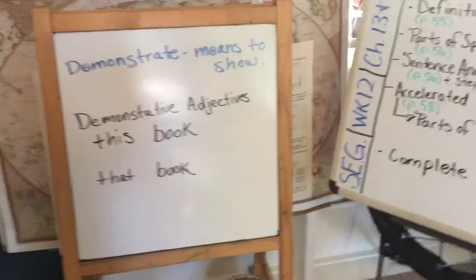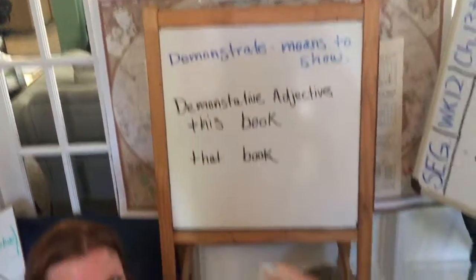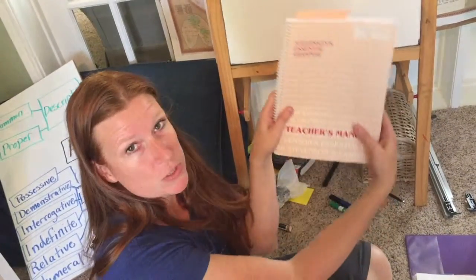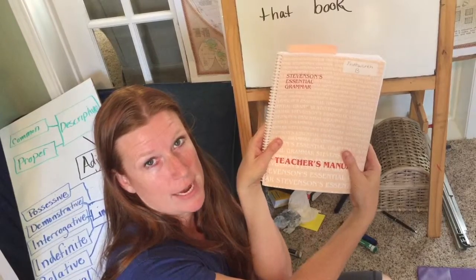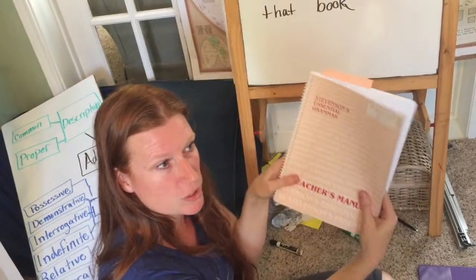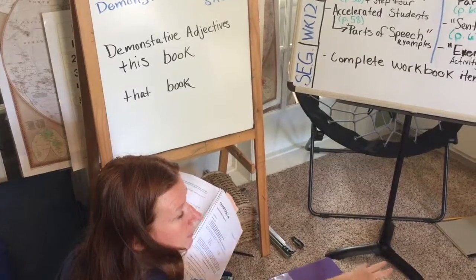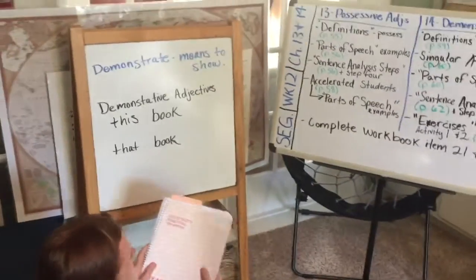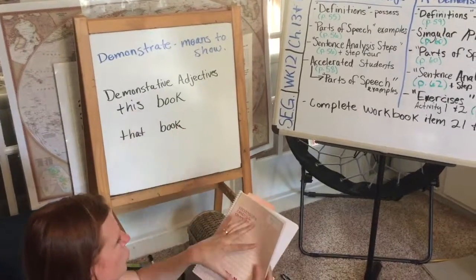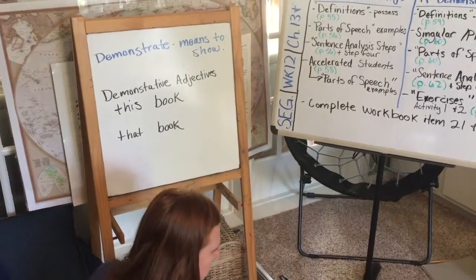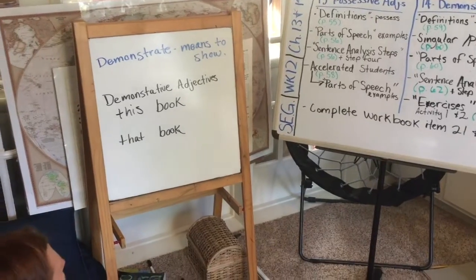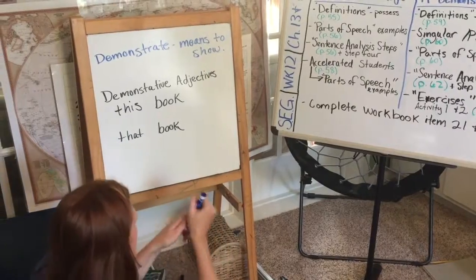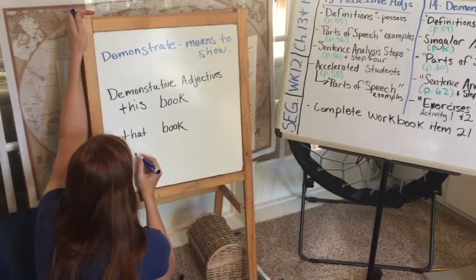So remember, demonstrative adjectives are adjectives that limit. So I would say we're going to look in this book. Okay, it specifically tells which book, I'm showing you which book we're talking about. So demonstrative adjectives show. Okay, so if I were to do, does this adjective show?